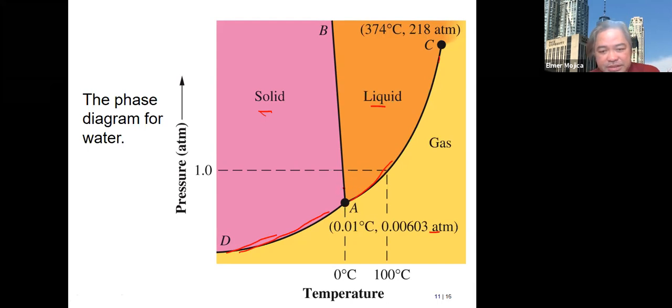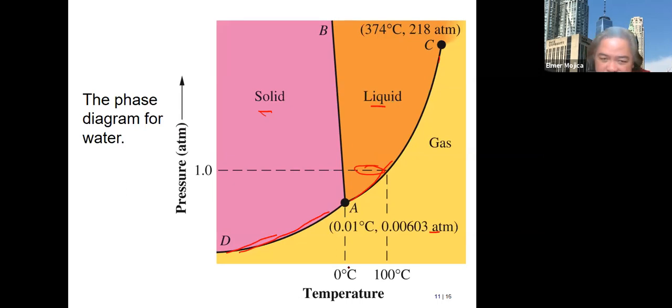Now, this is the phase diagram of the water. So as you could see here, at room temperature, around this area here, it is liquid for the water at what we call atmospheric pressure.